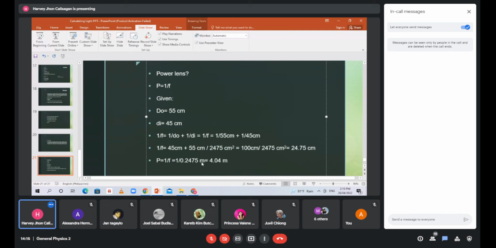Anyway, it's the same. But Philip is right, we have to convert the centimeter to meter because that's the unit for the diopter. Thank you so much for that clarification, Philip.